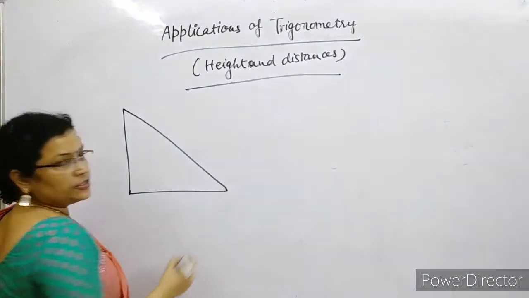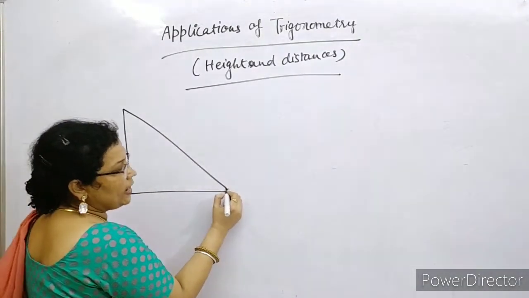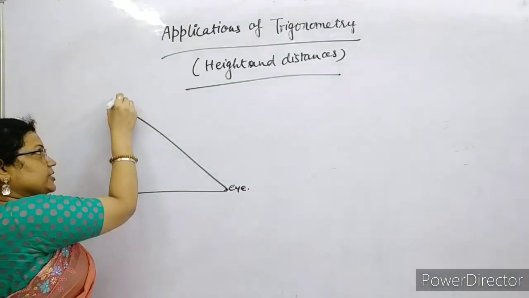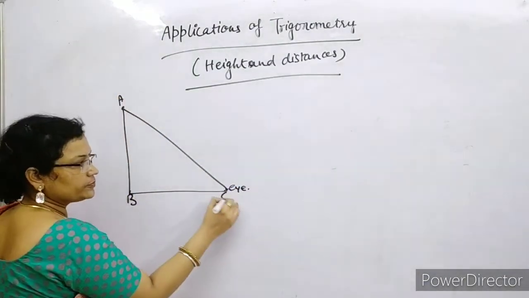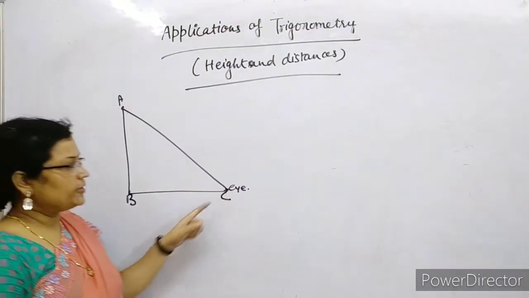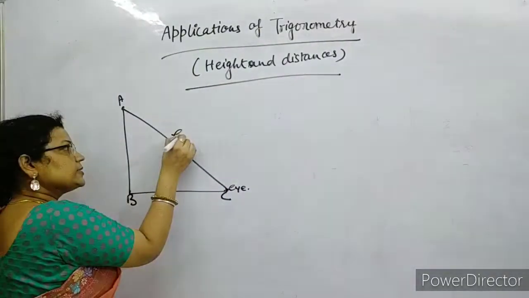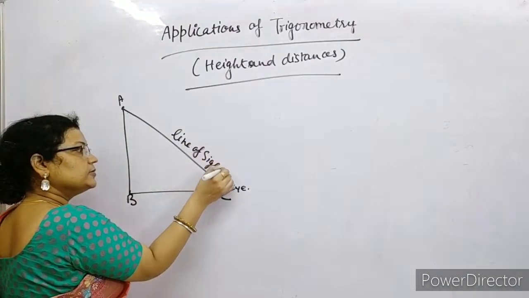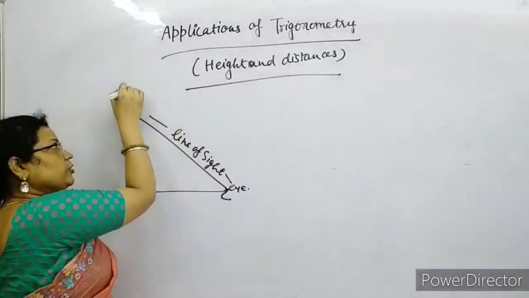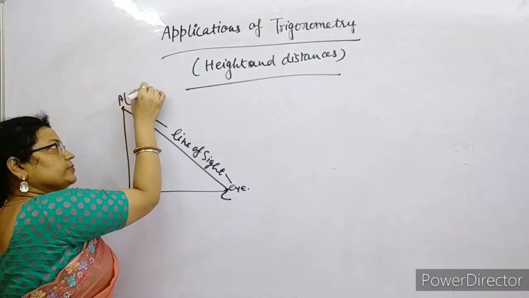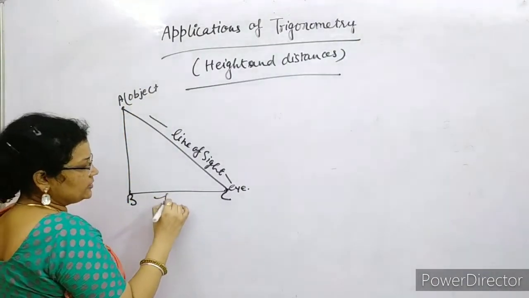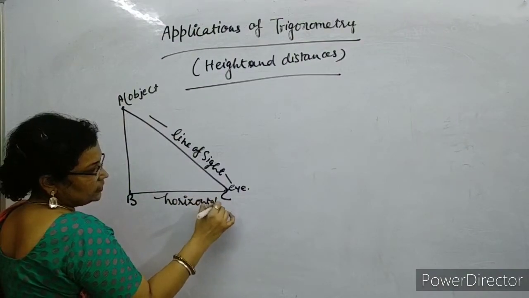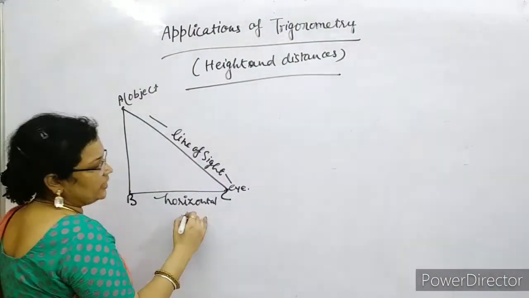This is the first condition, when the eye of the observer is here and the object is at this point. This line is known as the line of sight, and this line is the horizontal line.